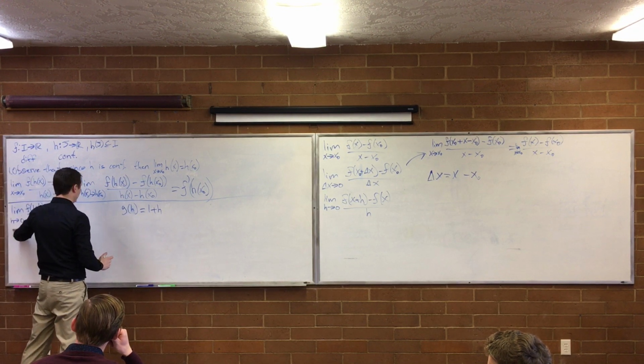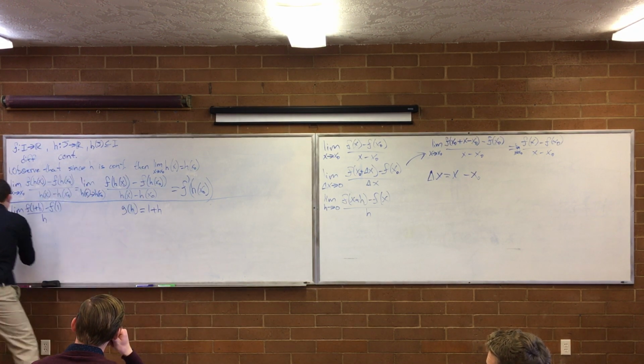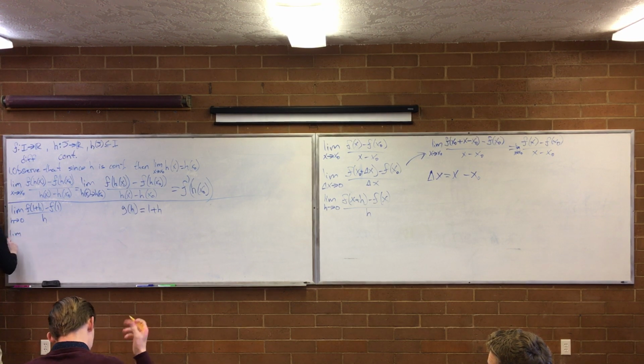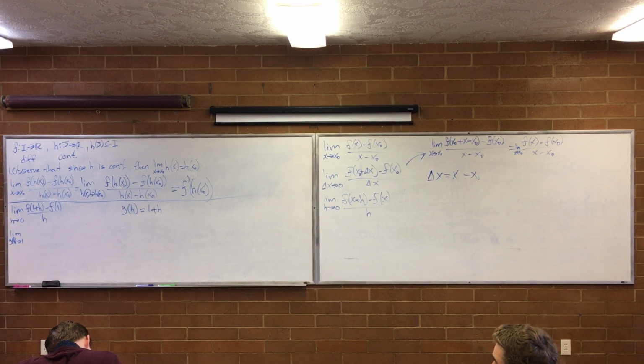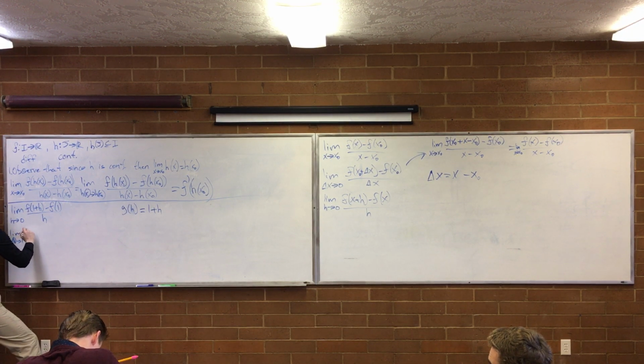So the limit as h goes to 0 is going to be the same as the limit as g of h goes to 1. And now we're going to have f of g of h.